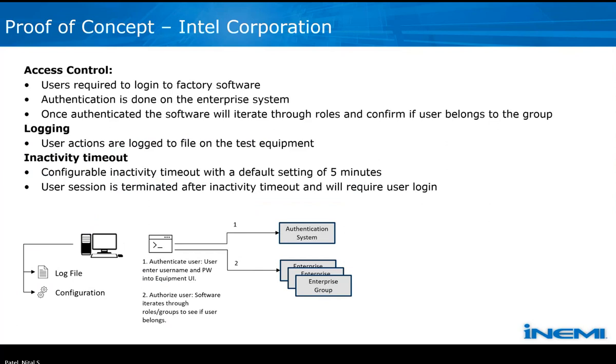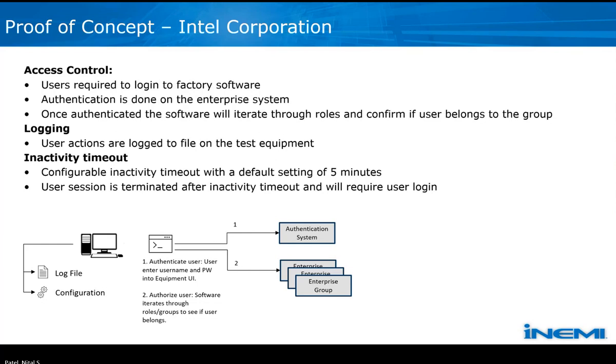Some of the other items we highlighted was the access control. Users, before logging into and interacting with the equipment, need to pass in their username and password, and this hits the authentication system. Once authenticated, we check if they are authorized for any of those specific roles.